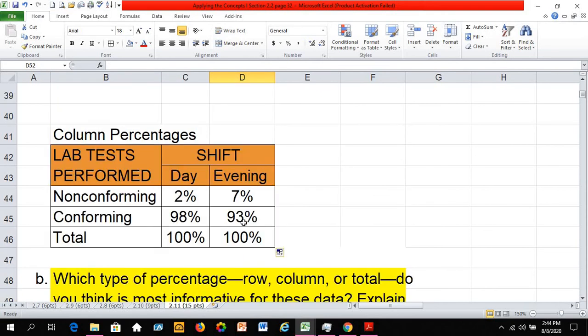So I'm talking about this 7%. To interpret this, in every 100 laboratory tests, 7 lab tests need to be redone because the procedures are non-conforming. And in every 100 laboratory tests during day shift, only 2 of them need to be redone.